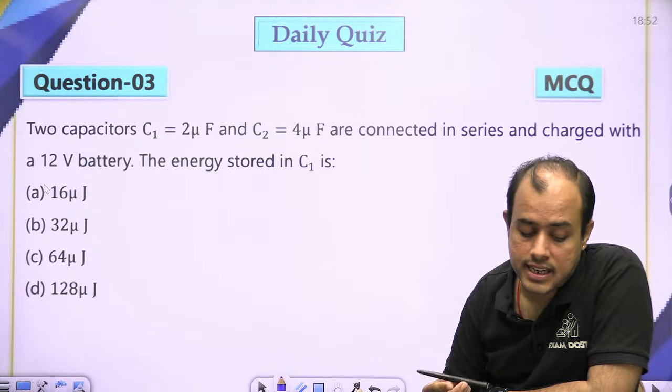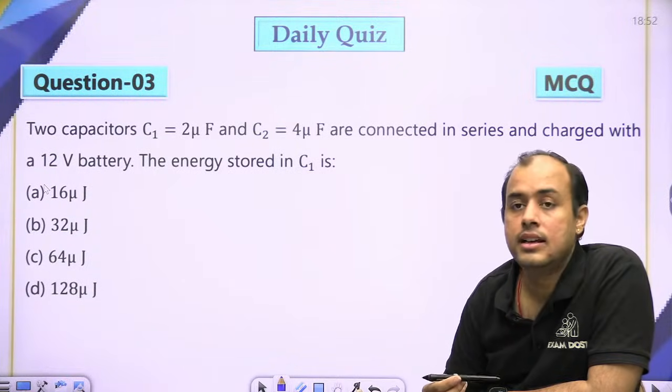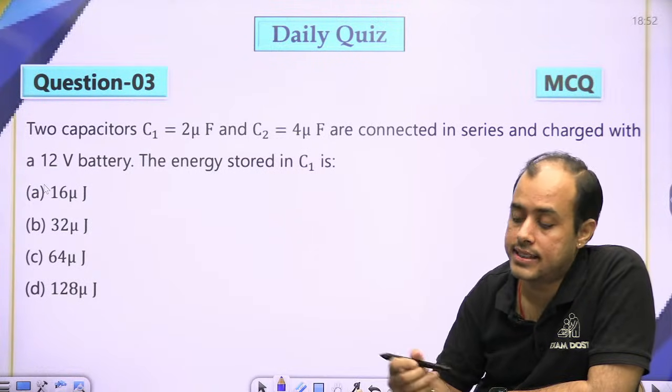Now two capacitors are connected in series and charged with a 12 volt battery.